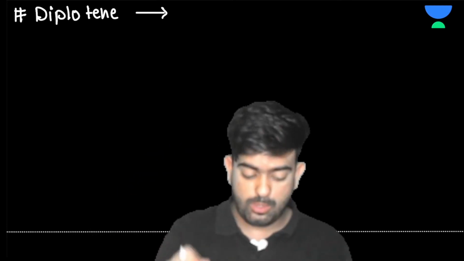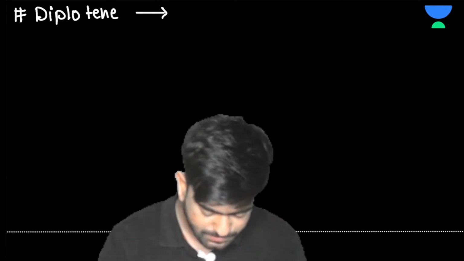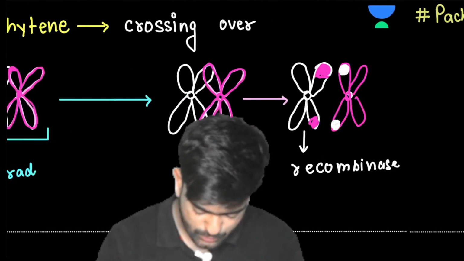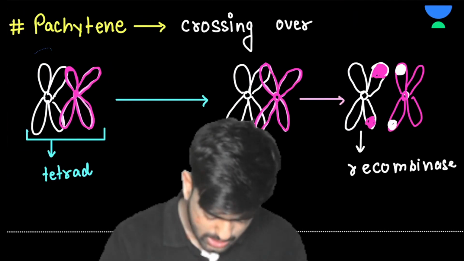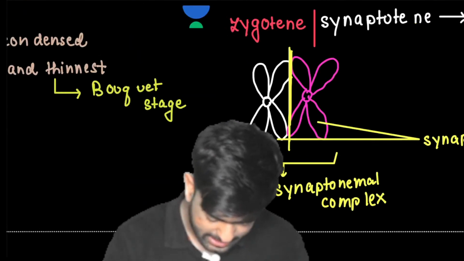If I talk about diplotene, in diplotene there will be the formation of chiasmata. So whatever synaptonemal complex was formed will dissolve. First of all, the complex which was formed here, let's have this complex.